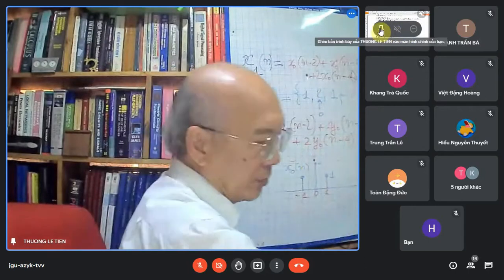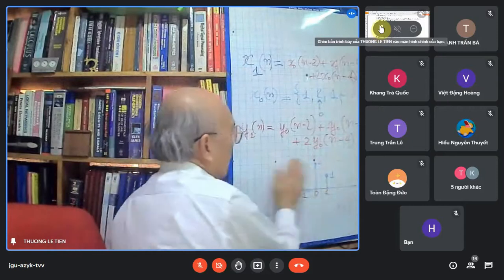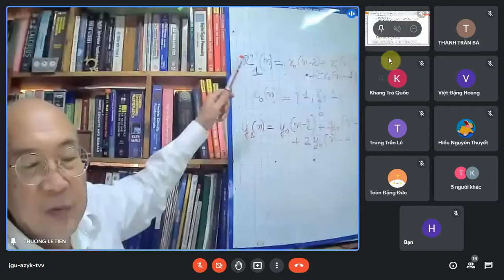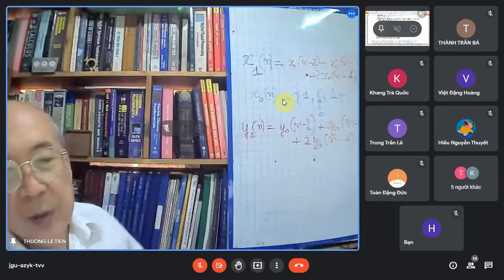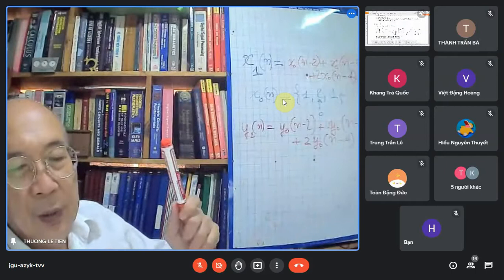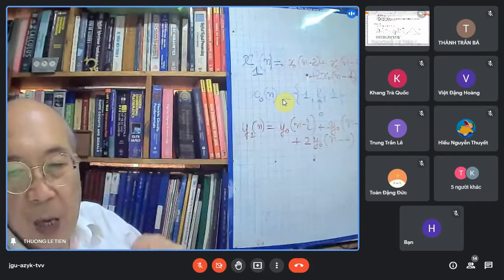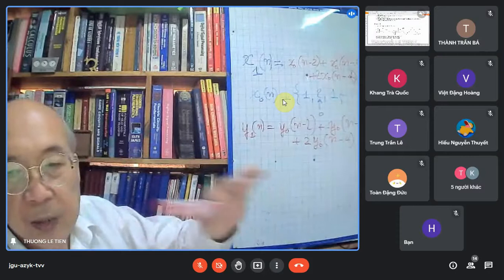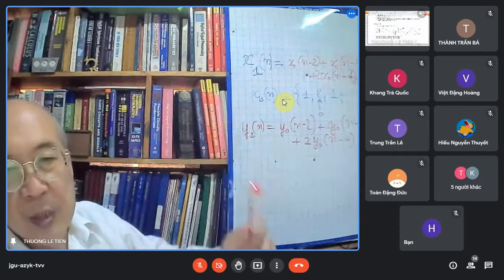Because the given question gives you it is a stable LTI system, we just straightforwardly apply the linearity properties.